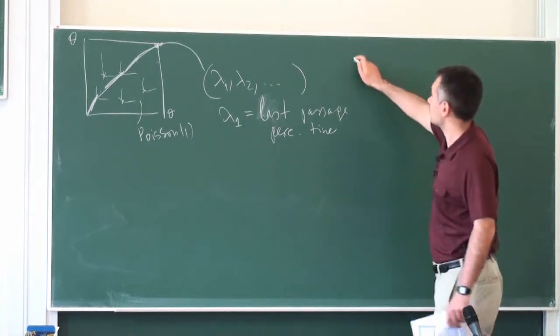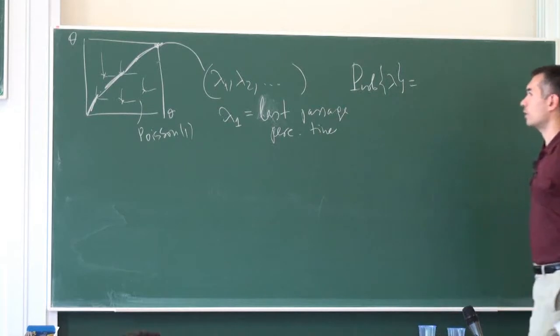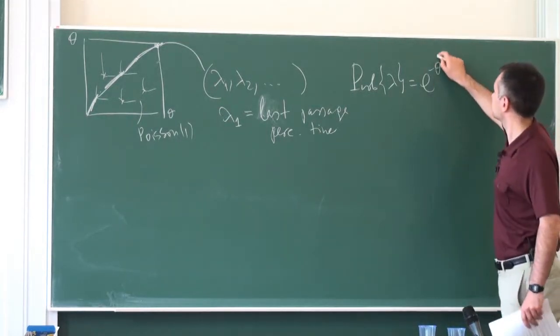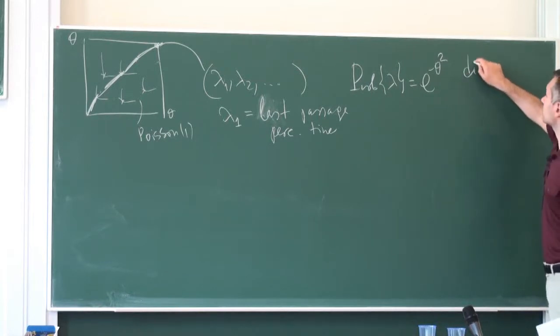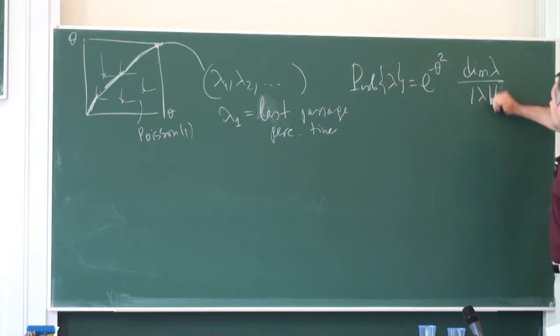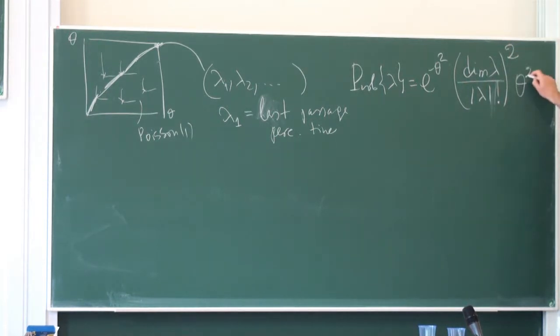Now the distribution, what I stated without proof, was that the distribution of that partition had the following form. Dimension lambda squared, over the factorial of the absolute value of lambda, theta to the power 2 absolute value of lambda. Absolute value of lambda is just the sum of all coordinates of lambda.